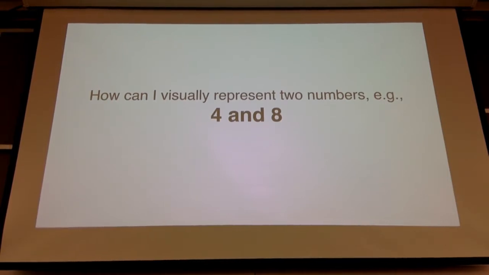Let's say 4 and 8. Just shout out some suggestions. Line chart? A line chart. So I could do something like this would be 4, this would be 8. Roman numerals? Sorry? Roman numerals? Roman numerals, yes.